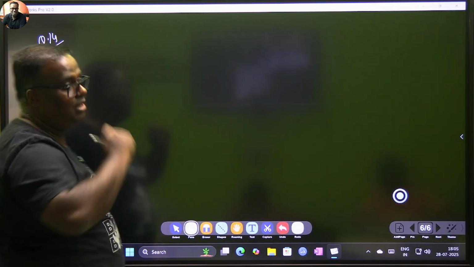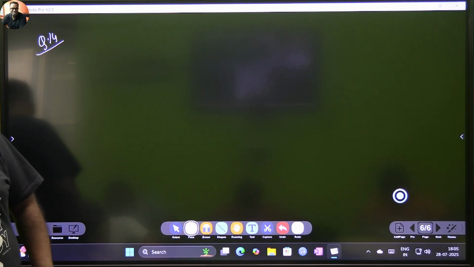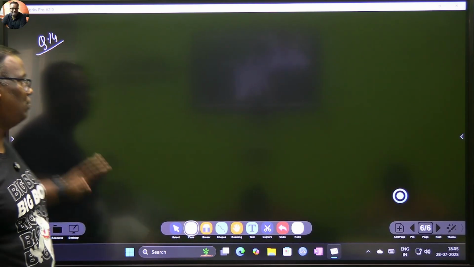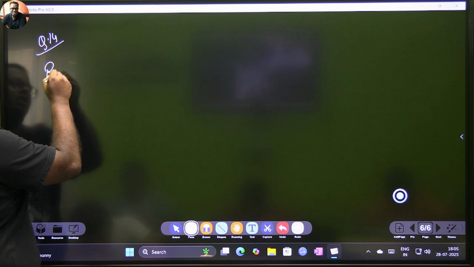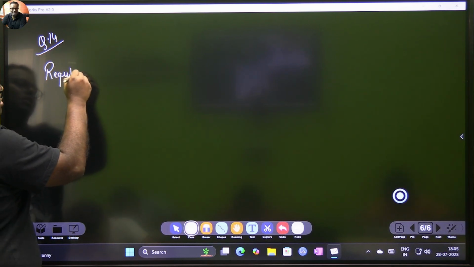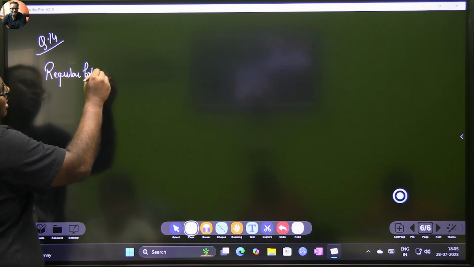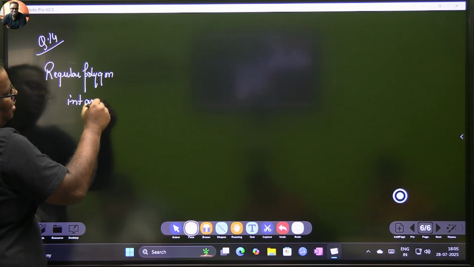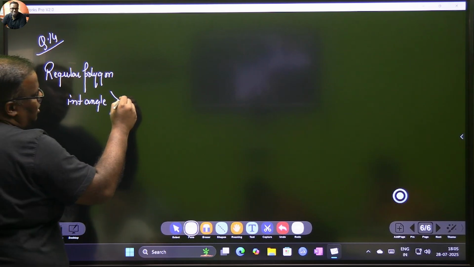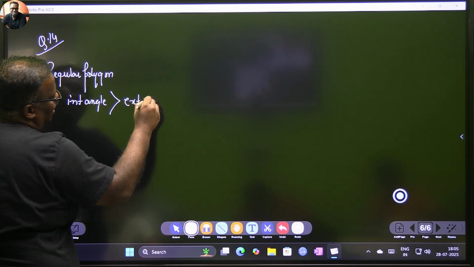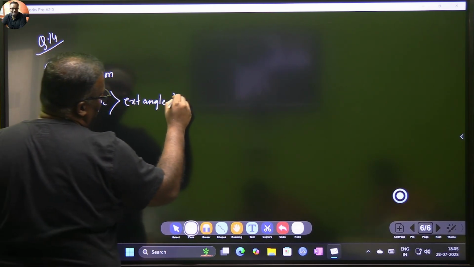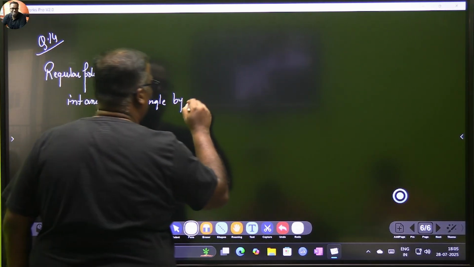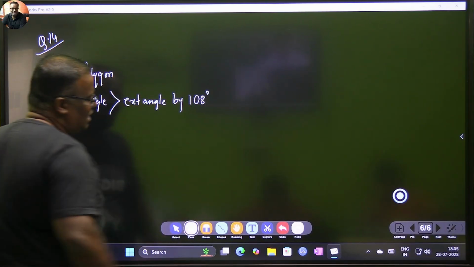The internal angle of a regular polygon exceeds the exterior angle by 108 degrees. Now, please don't write, first understand.